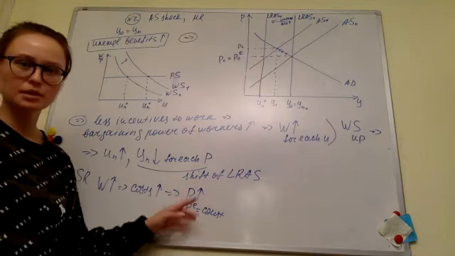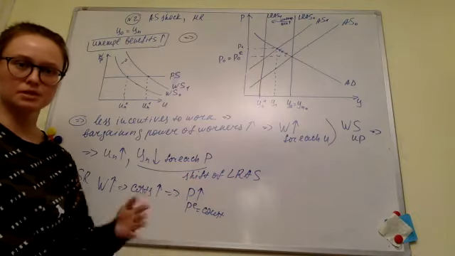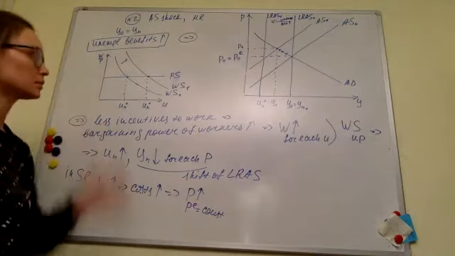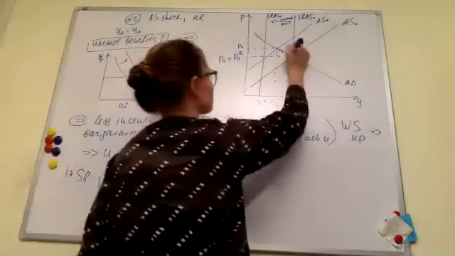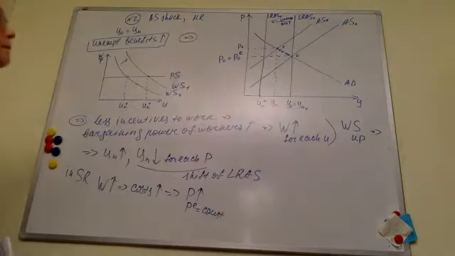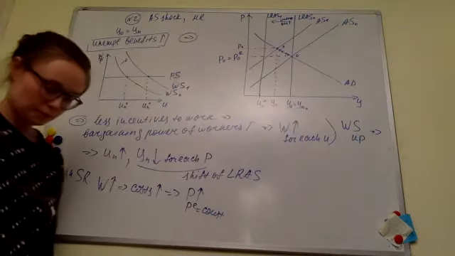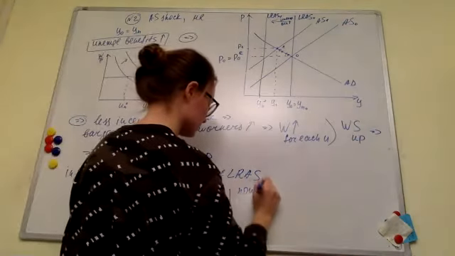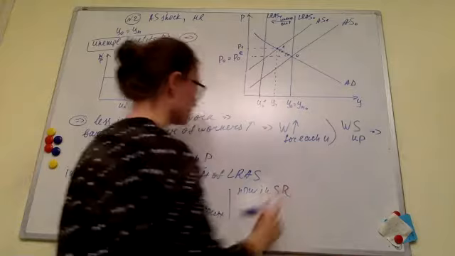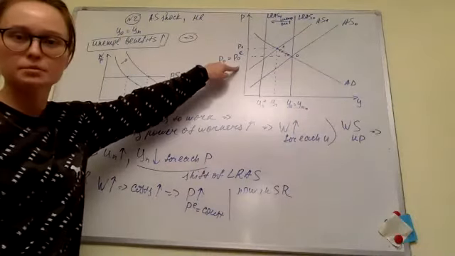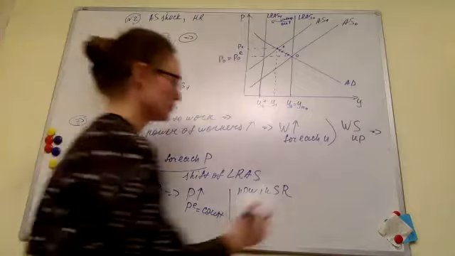Prices go up, LM goes up, liquidity money LM goes up, and this is the moving along AD, along aggregate demand. So from here, from 0 to 1. Now, in the short run, what do we see? Prices are now actually higher than expected prices, you see?